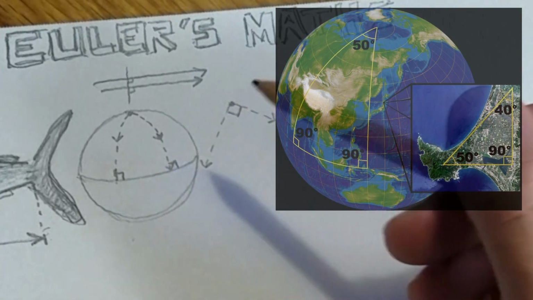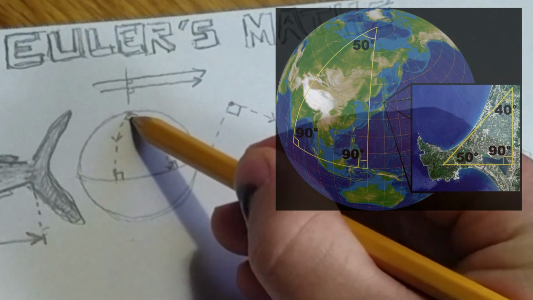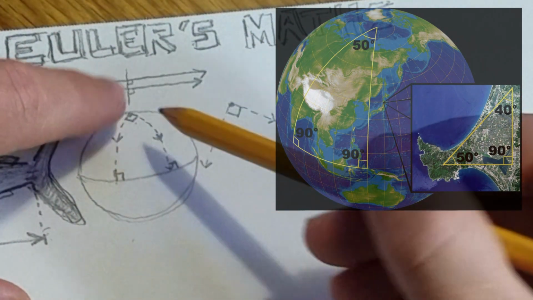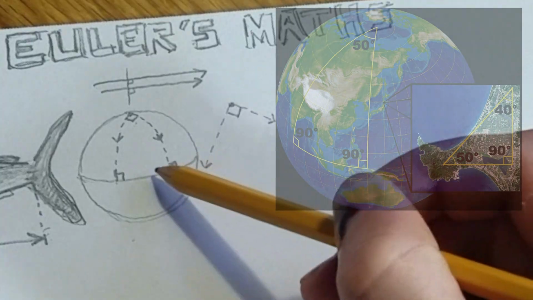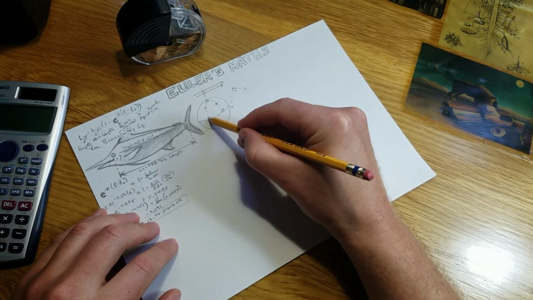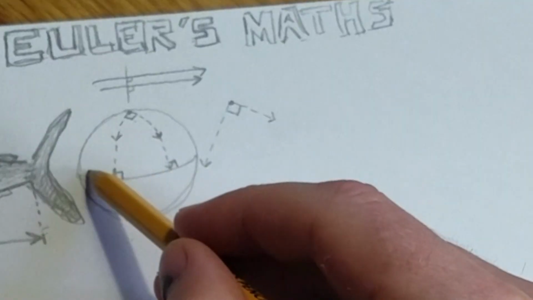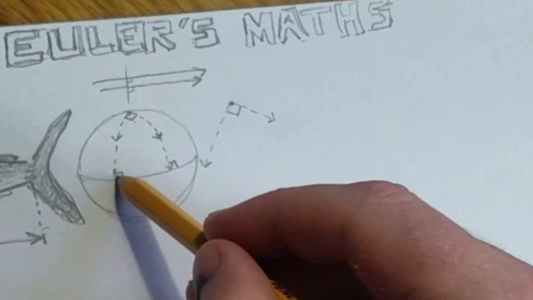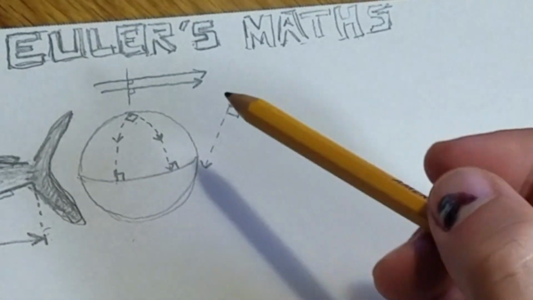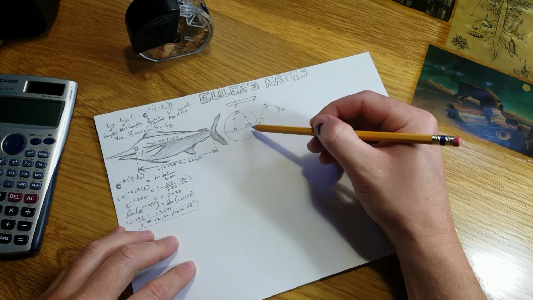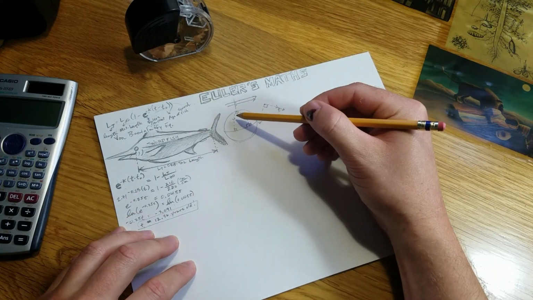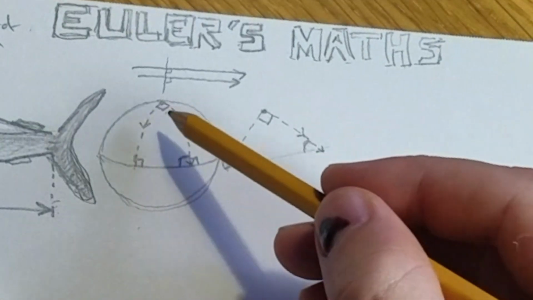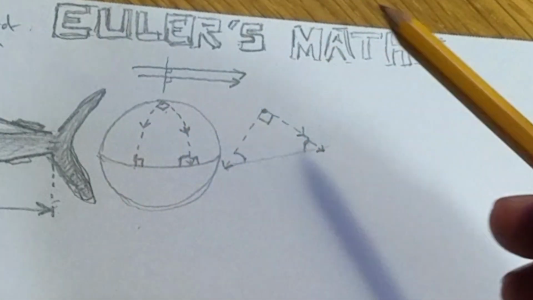What's interesting about this is that it's 90 degrees here. You go down and you're at 90 degrees relative to the equator, or the line intersecting both these 2 points. Ultimately, you form a triangle with 3 seemingly straight lines, 3 90-degree angles connecting them.